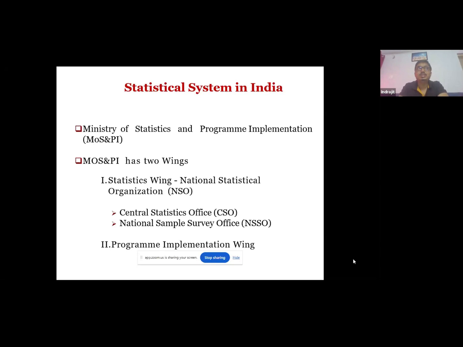The Central Statistics Office doesn't collect any data sets. What they do is provide statistics for the macroeconomy using data provided by other organizations. CSO also uses NSSO data in some cases. We must have heard information about national income and the growth every quarter.